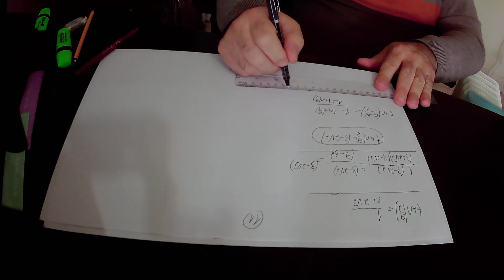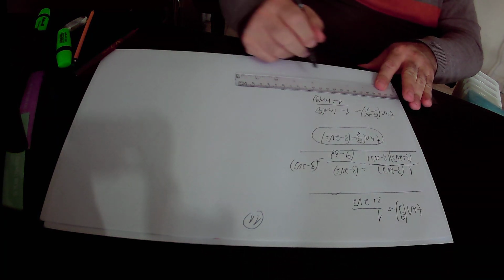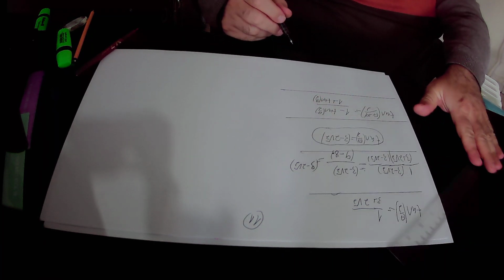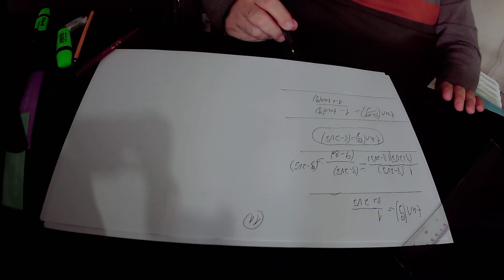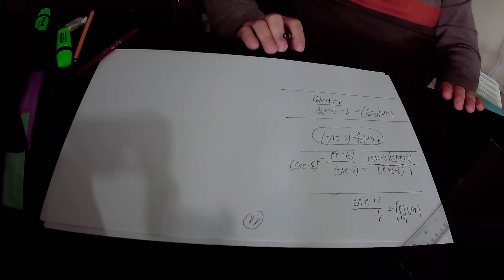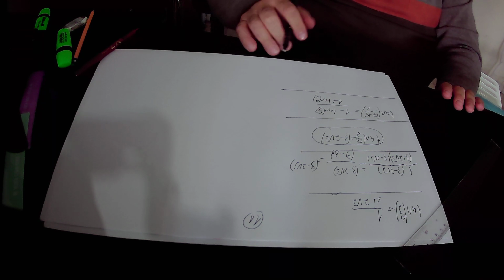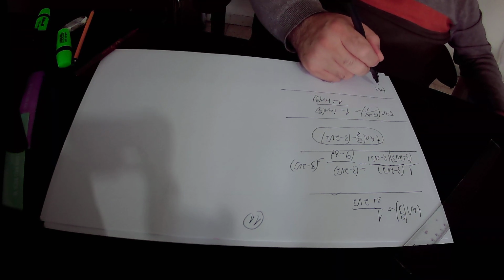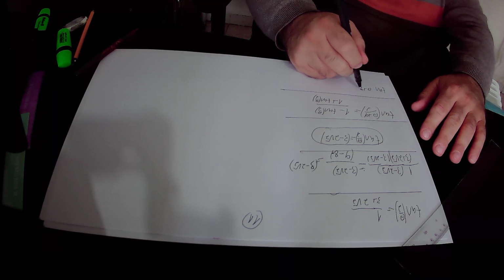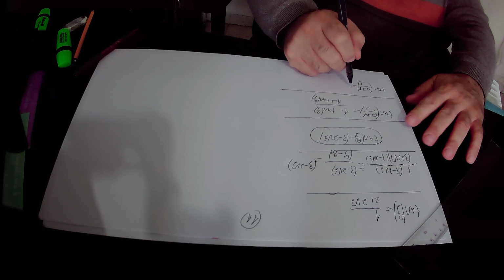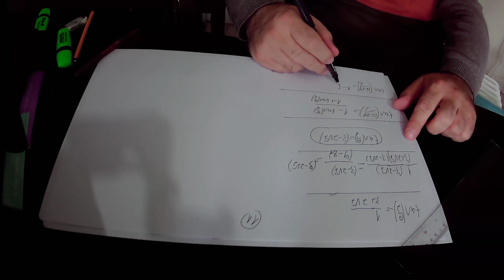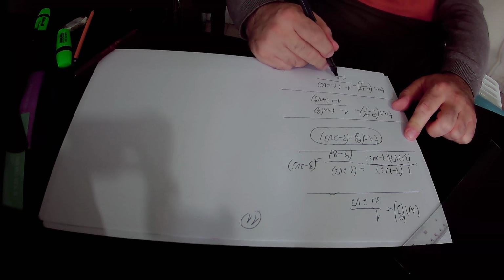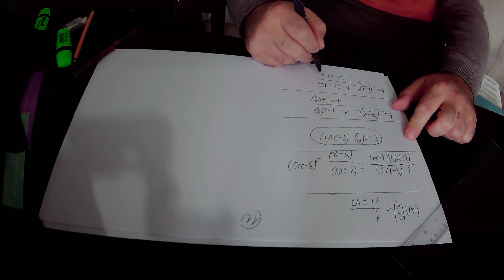We already found out that tangent theta over 2 equals 3 minus 2 times square root of 2. So we substitute tangent theta over 2 by 3 minus 2 times square root of 2, and we get tangent theta plus alpha over 2 is equal to 1 minus (3 minus 2 times square root of 2) over 1 plus (3 minus 2 times square root of 2).